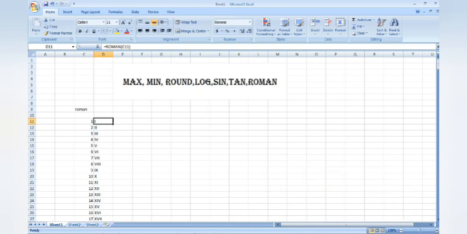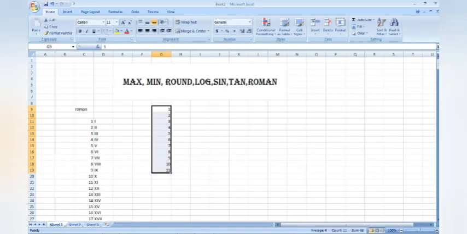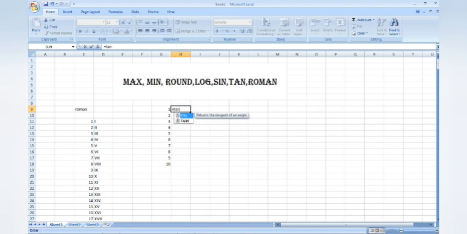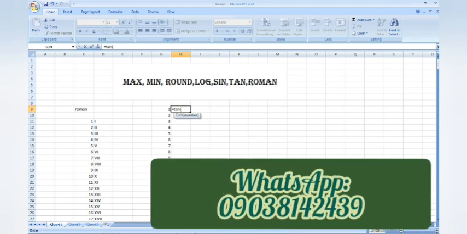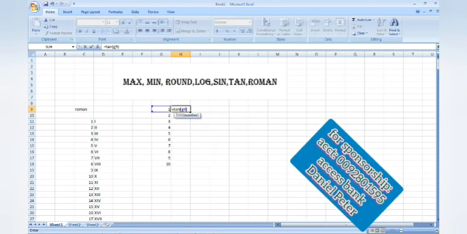So let's consider the next one, which is tan. For those that are doing maths and engineering, you need this formula very well. So let's stop at 10, take the series up to 10. Alright. So now for here, the formula is simple, equals TAN, bracket open, the cell address which is G9, close your bracket.